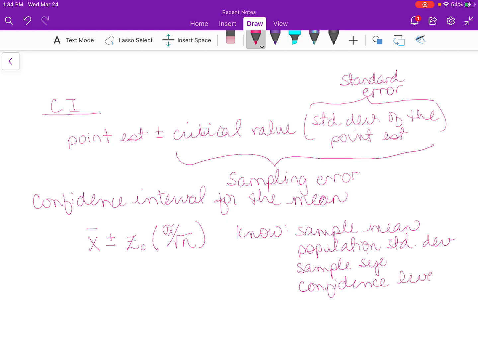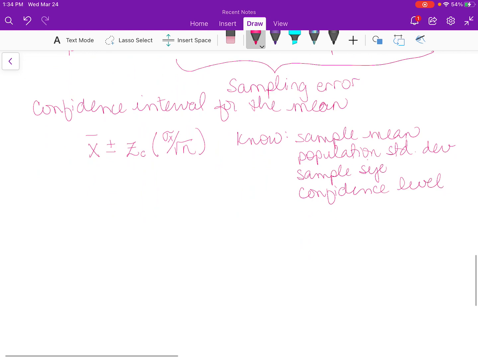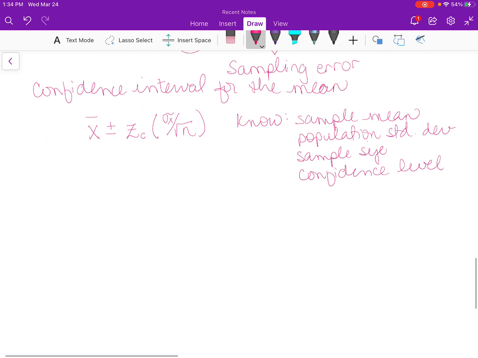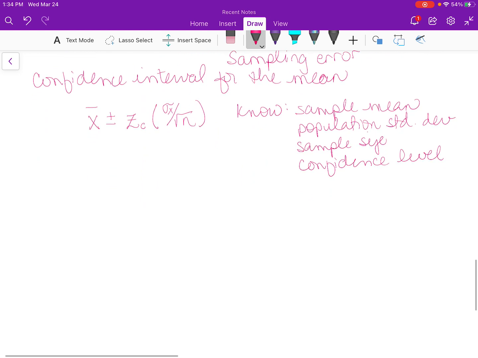So those are things that you would have to be given to be able to calculate this confidence interval. So let me show you what would happen here, because I'm sure all of this is very unfamiliar territory and probably doesn't make a whole lot of sense until we actually put it into play. So we're going to look at an example.